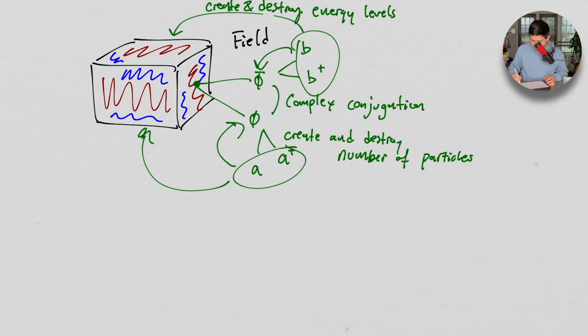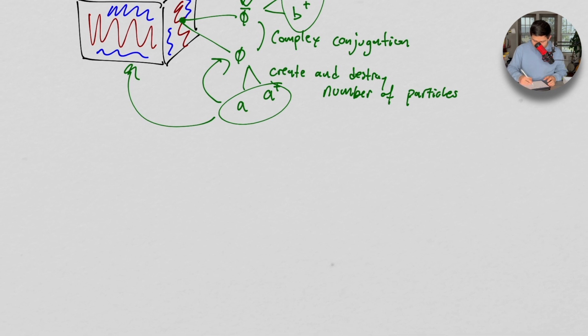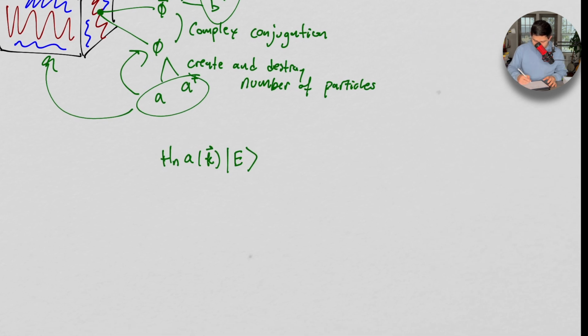And what we're going to see in the next video is that we've already established that when our Hamiltonian Hn is applied to A of K, in the context of H, the eigenvalue is just E minus omega n, times A of K times E. This was our annihilation; we've taken some energy away.